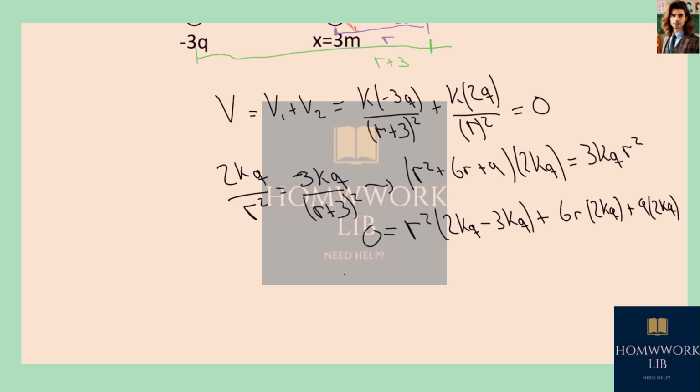Now let's factorize the kq factor. We're going to end up with minus r squared plus 12r plus 18. And this can only be 0 if whatever we have inside the parentheses is equal to 0.